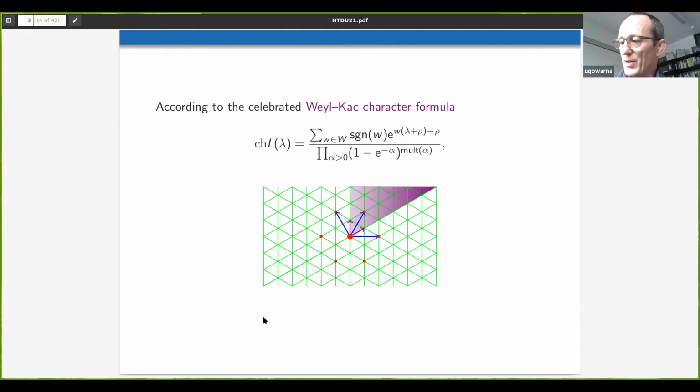The great thing about this Weyl-Kac character formula is that you only need to know data coming from the underlying root system. I've given you a little picture here. The picture is a lie, because I'm interested in affine Lie algebras, so everything is infinite dimensional.